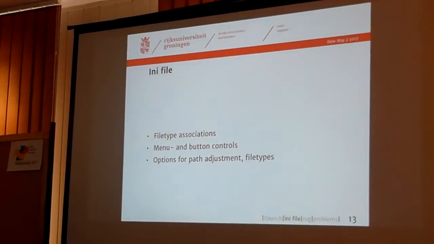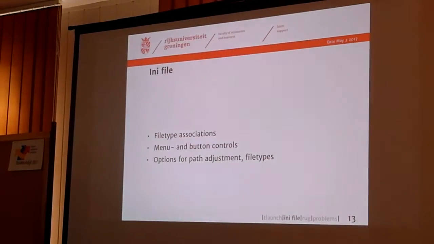Now about the INI file. The two obvious things you define in the INI file are file associations, so which program opens TeX files, and the menus and buttons are also defined in the INI file.